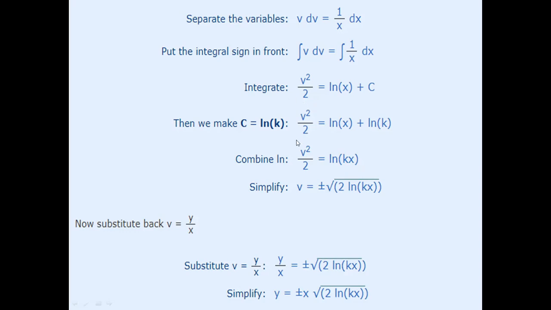On the other side, you have v squared over 2. We keep it because we can't do anything about it. If you transfer the 2 to the right side and simplify the left side by taking the square root of this entire expression, you will have v equal to plus minus the square root of 2 ln of kx. If you recall our topic on explicit solution, this one is explicit.